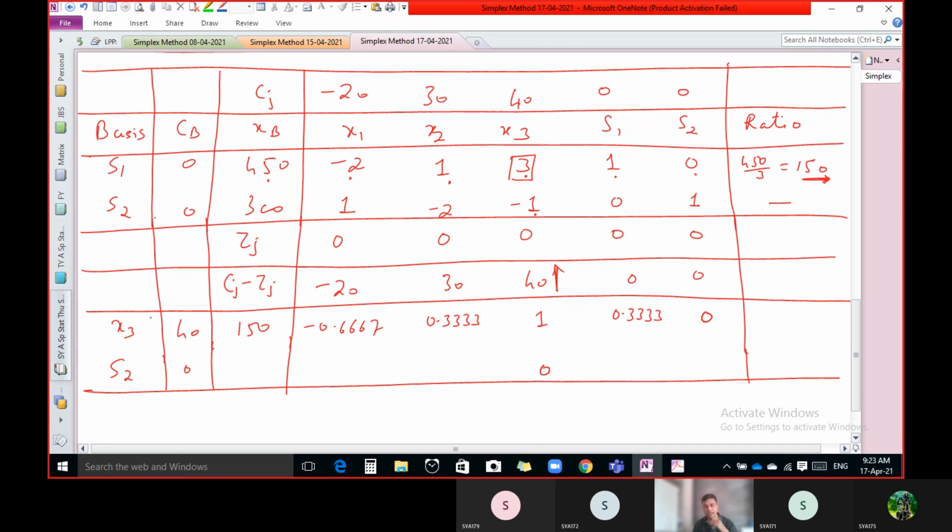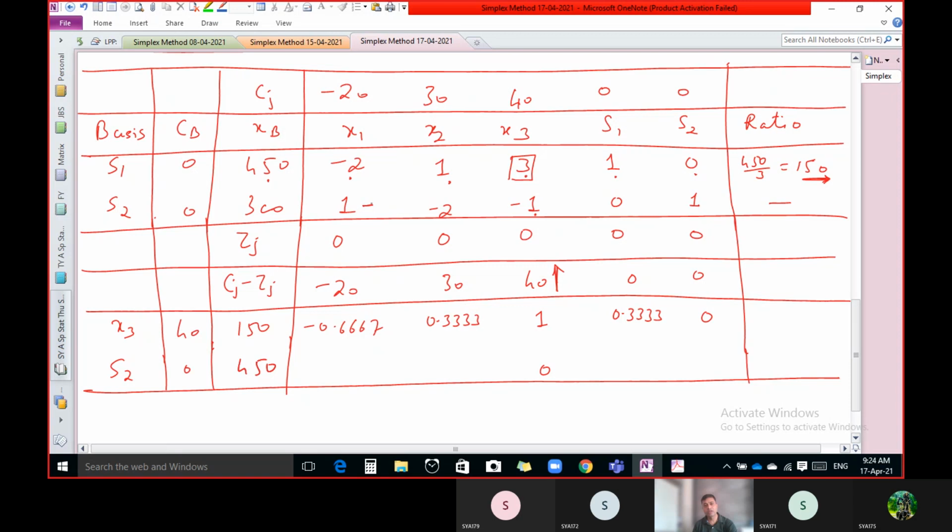And now calculate the remaining values here. So my old value is what? 300. 300 minus what? Multiplication of this 450 and minus 1. So 450 into minus 1, that is minus 450, divided by 3, that is minus 150. So 300 minus minus 150, so we get 300 plus 150, so we get 450 here.